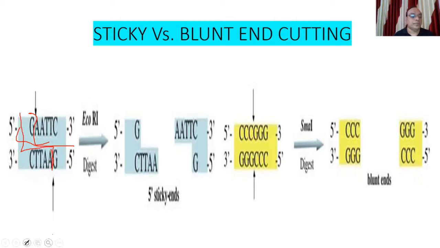So one cut will be like this and another cut will be like this.